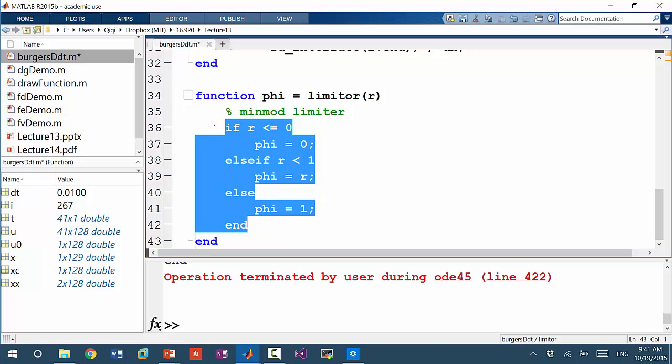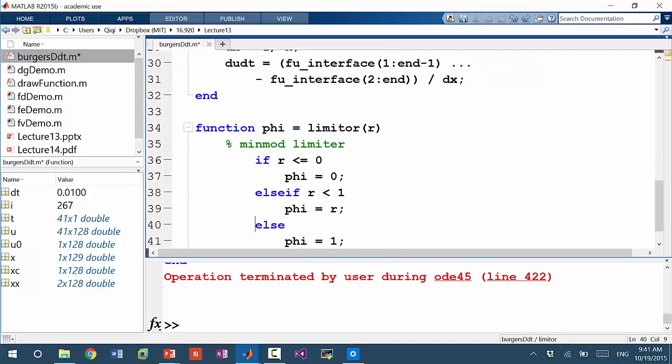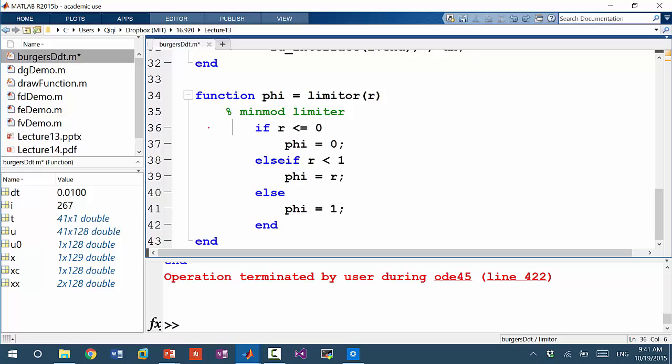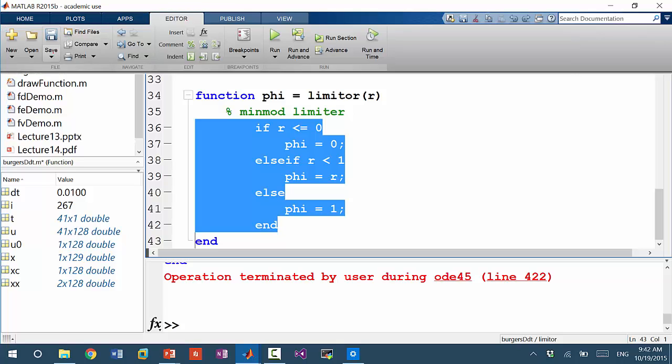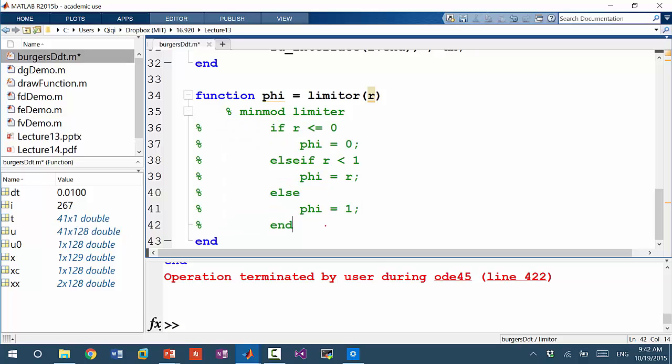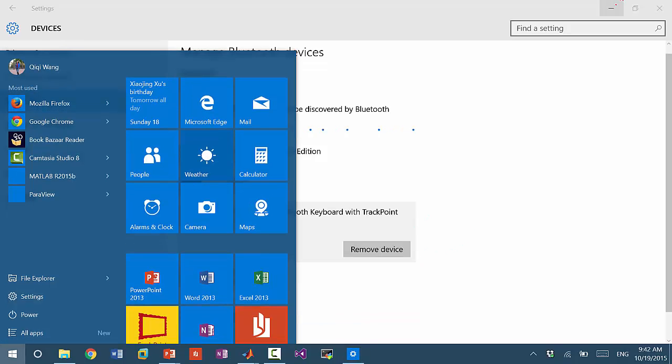So let me just comment it out, and I'm going to do a different limiter.